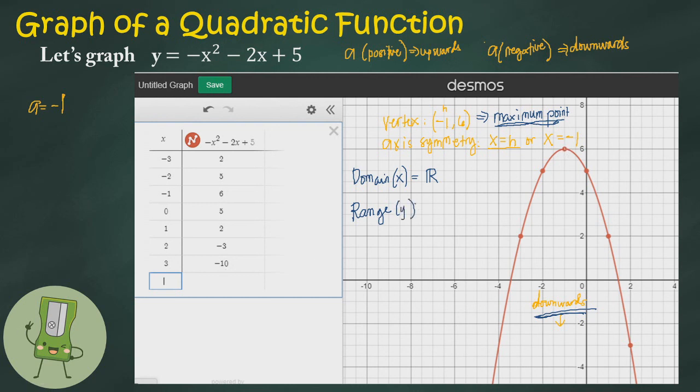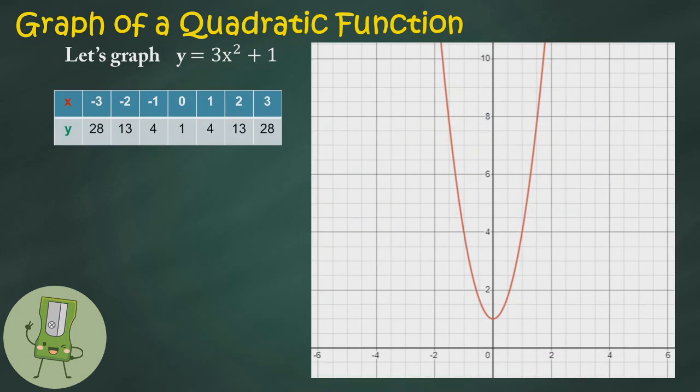Therefore, in this quadratic function, our range will be y less than or equal to k. So, ano yung k natin? It's the y-coordinate of our vertex, which is y less than or equal to 6. So, that's how you determine the vertex, the axis of symmetry, the domain, and the range given the graph of our quadratic function.